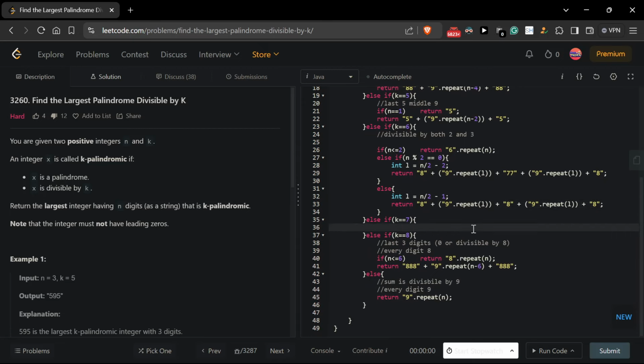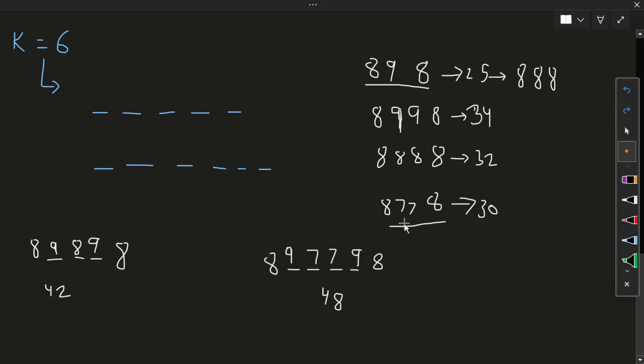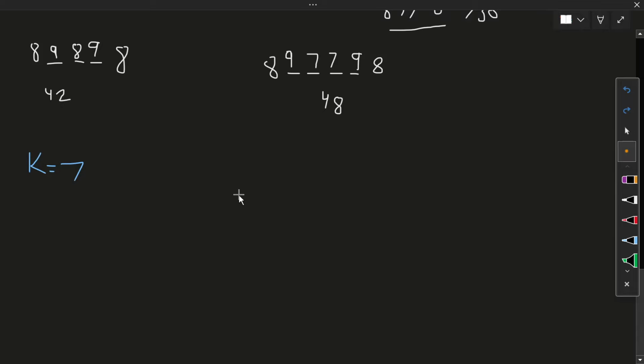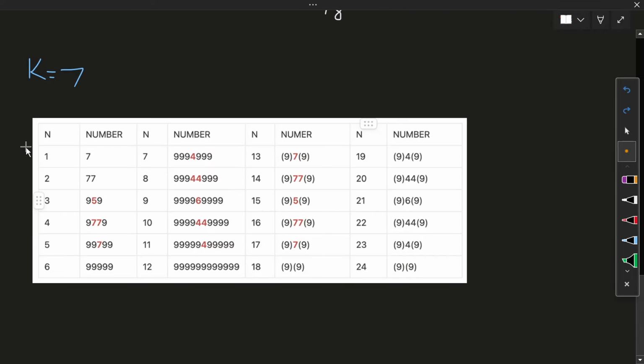Now let's talk about 7. In the contest, you cannot do this. After the contest I analyzed a pattern. If you submit for k values 1, 2, 3, 12, then 18 and 24, you have to submit 24 times, and after that you analyze a pattern.